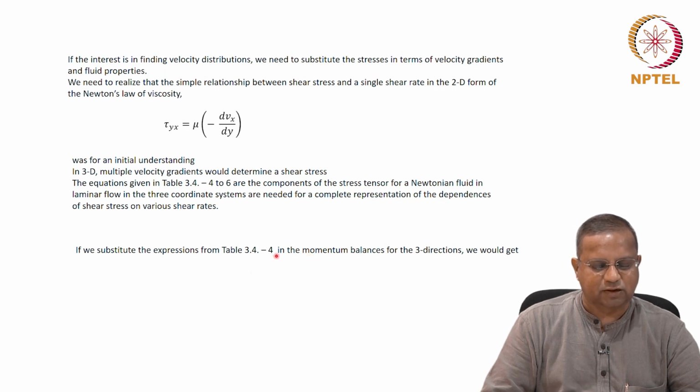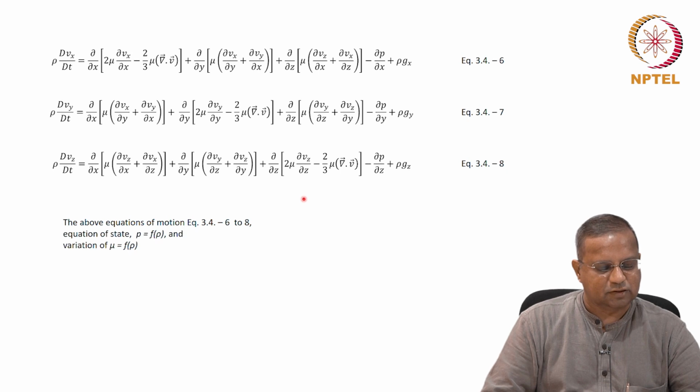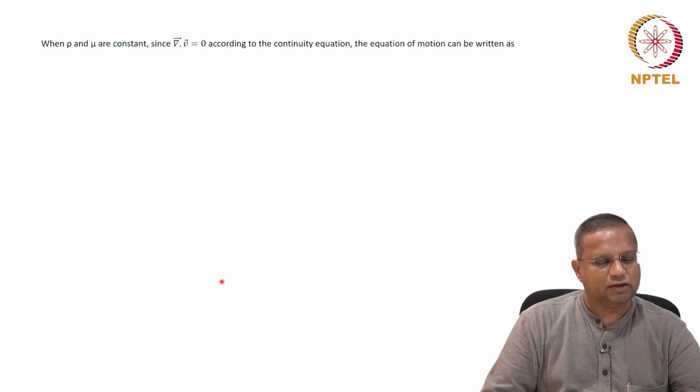We are interested only in the rectangular Cartesian coordinate system here for this derivation, and therefore we took those expressions, substituted, and got these. Then we could simplify the equation in terms of the velocities, pressure, density and the viscosity alone.